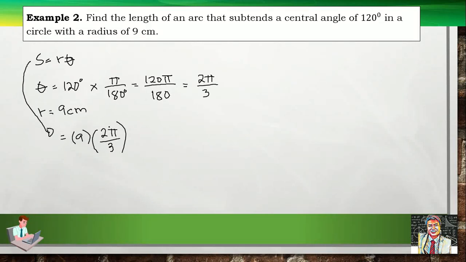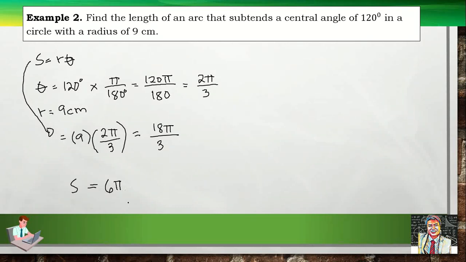Multiply 9 times 2, that is 18 pi over 3, so our S is 18 pi over 3, that is 6 pi, correct?